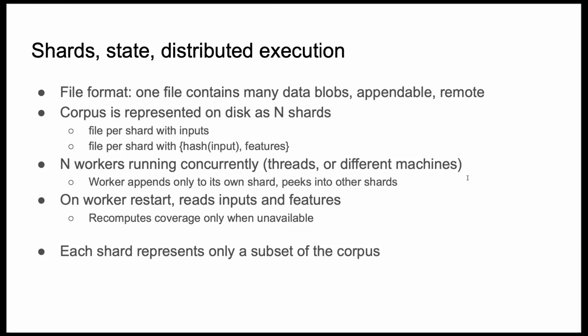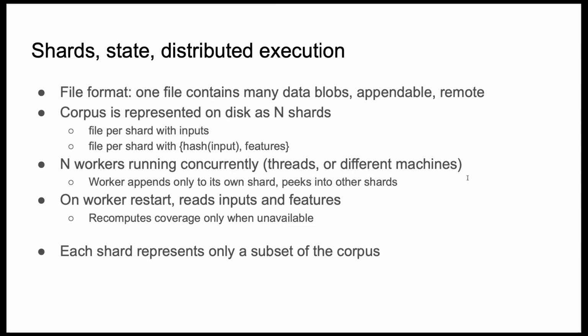Then, of course, since we have n shards, we have to have n workers that update these shards. Each worker only updates its own shard, but it peeks into adjacent shards. So if one worker found some interesting coverage, then eventually, over time, other workers will pick it up, but not immediately.